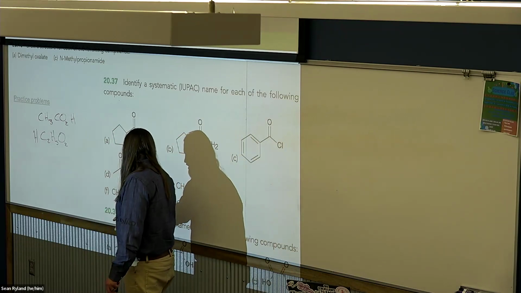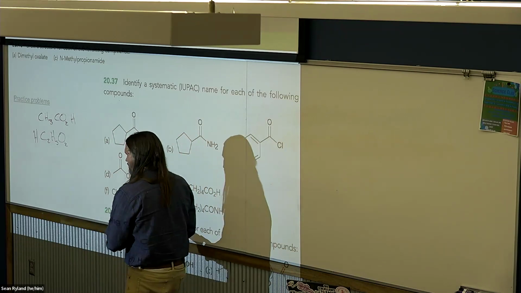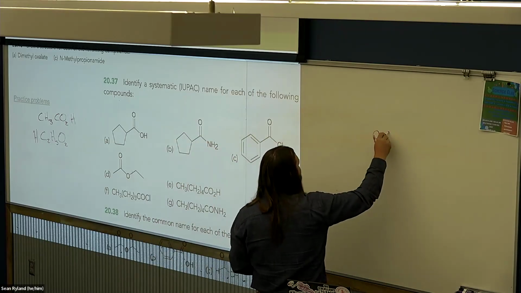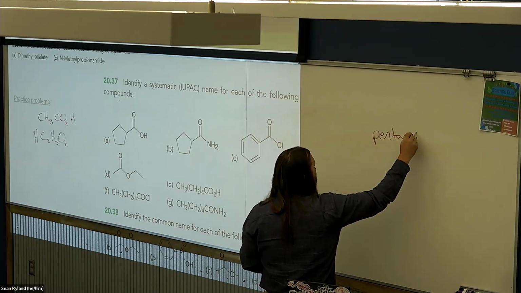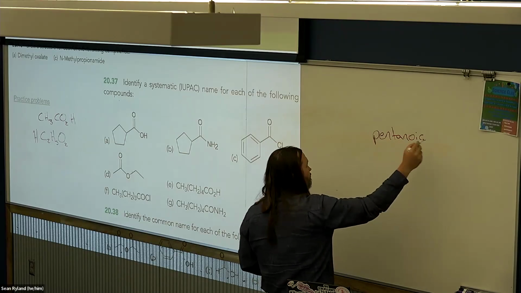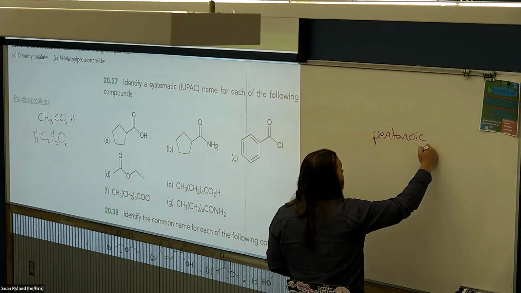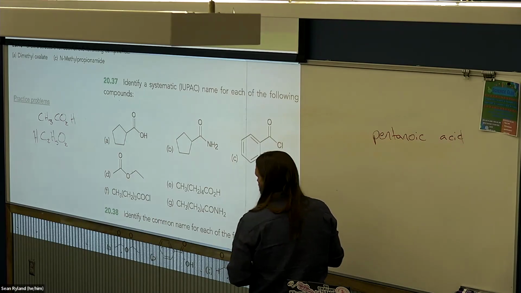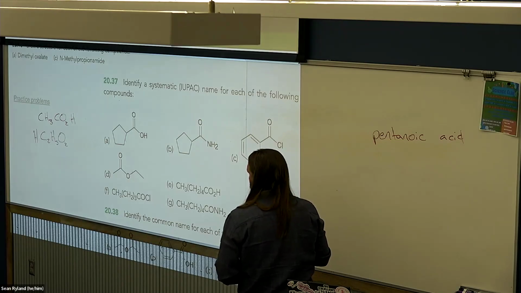One, two, three, four, 5. So it would be pentanoic acid. So we don't want to completely drop it.